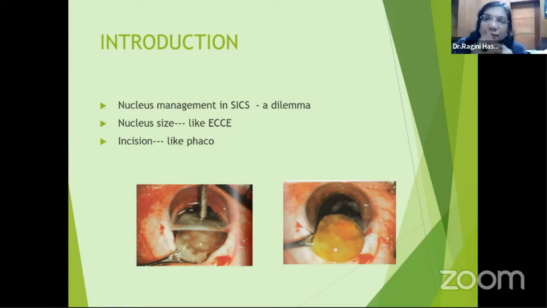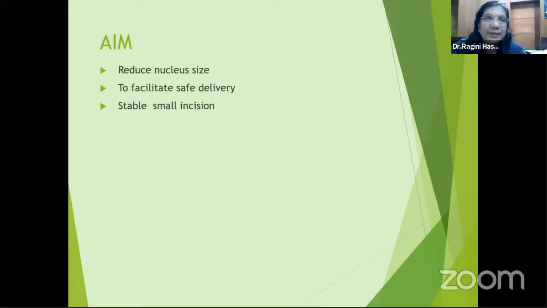So what we have is a nucleus which is as big as a surgery in ECCE, but we want to remove it through a small incision like in phaco, and that is the dilemma which we are faced with every day. So our aim of nucleus delivery in SICS is to reduce the nuclear size to facilitate a safe delivery through a stable, safe, small incision.